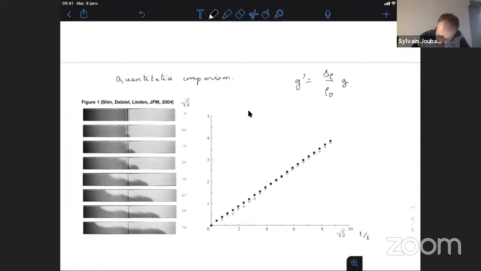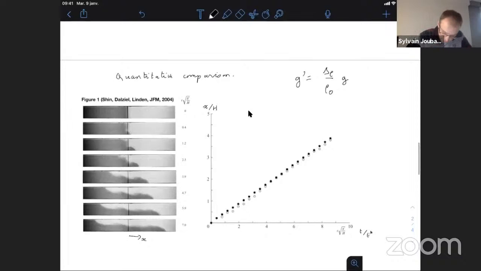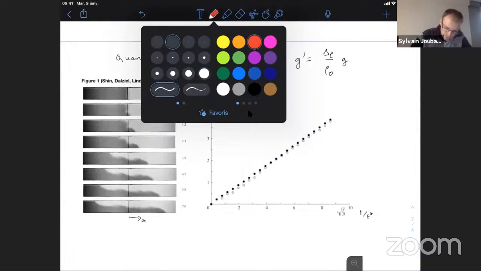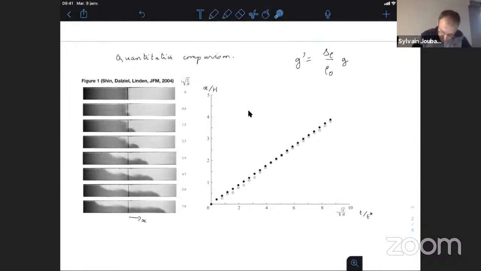And the time is rescaled: t divided by t star. And here is the position x divided by h. x is this position. And if you look at these results, the black dots or the position of this interface, and the dots that are in white, both have the same behavior, and they have a linear behavior.